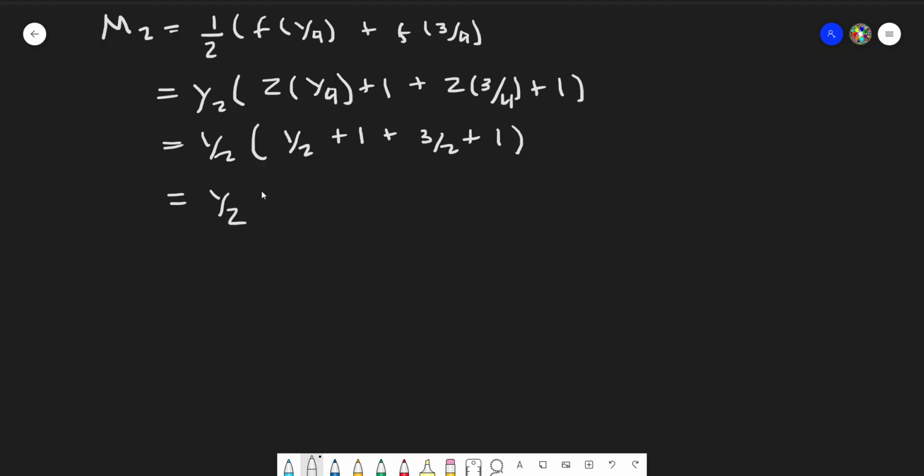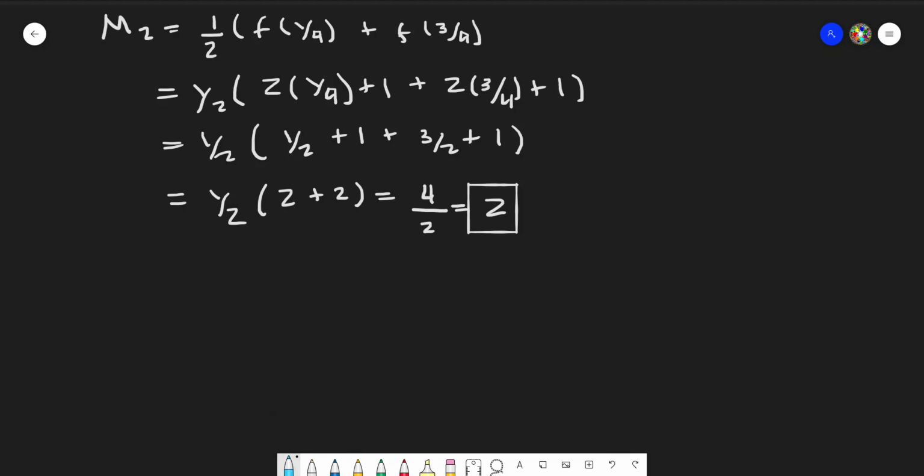So you have 1/2 times 2 plus another 2, which is 4 divided by 2, which is in fact equal to 2. So we find that the midpoint sum using two subintervals for 2x plus 1 is equal to 2.